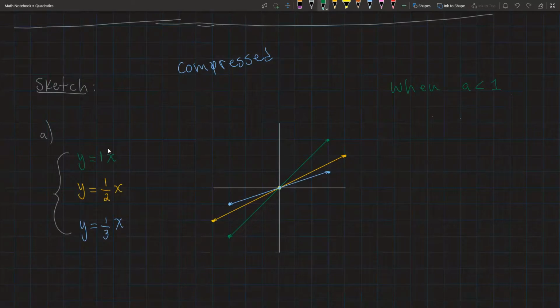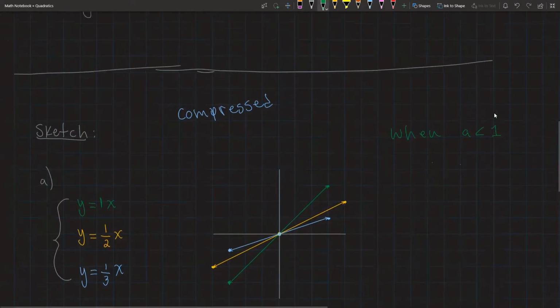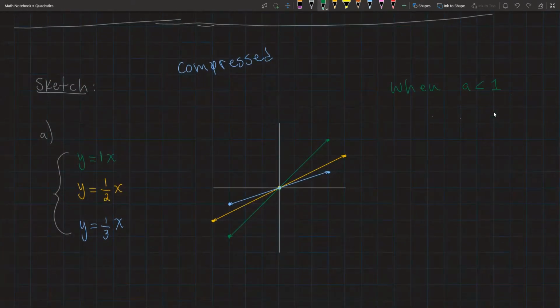If it's equal to 1, then we get the parent function. But look at these fractions. They all happen to be smaller than 1. And it doesn't have to be 1 over 2. It could be something like 4 over 5, which is still less than 1. All right. So think of that idea. When the a term is less than 1, then we say that it got compressed. The y value got compressed.